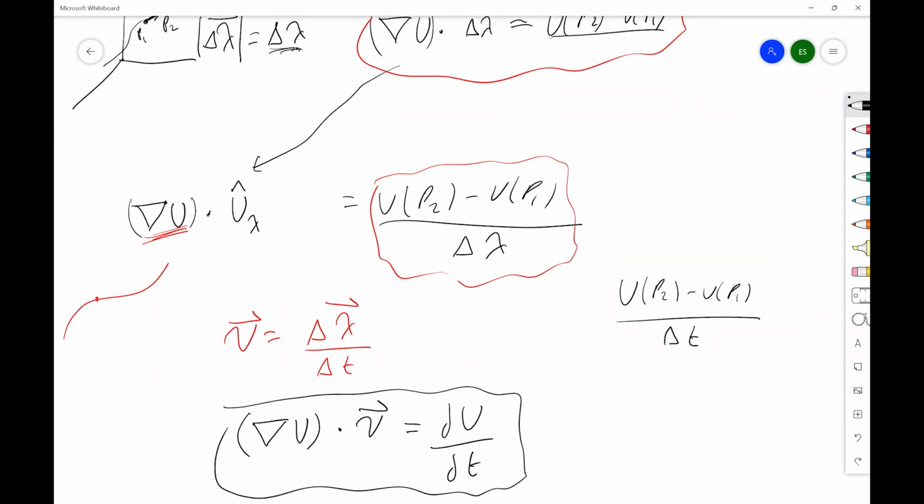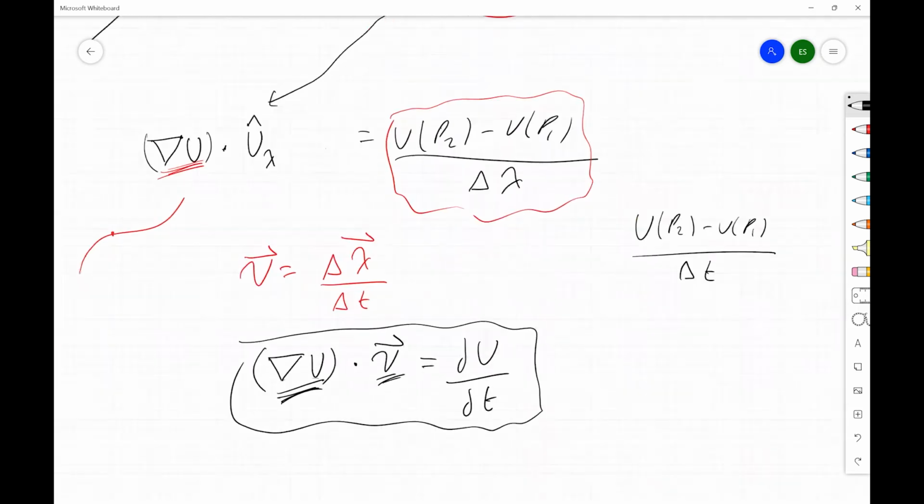So if I have a temperature field and I'm flying through that field, at each point, depending on my velocity, I'm going to get a rate of change of temperature. That rate of change of temperature is going to depend on 2 things. It's going to depend on my velocity, how fast I'm moving, and it's going to depend on the actual gradient of the field. A scalar field is going to depend on how much the temperature field is varying in space, how fast it's varying in space. Okay, so this is the way to understand the gradient.